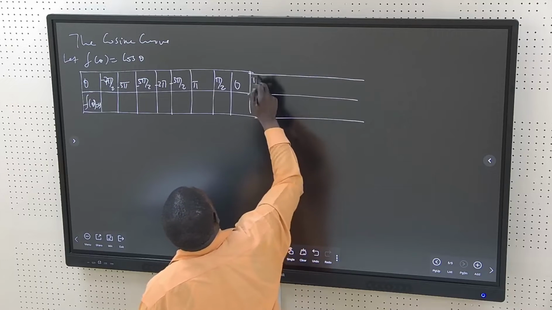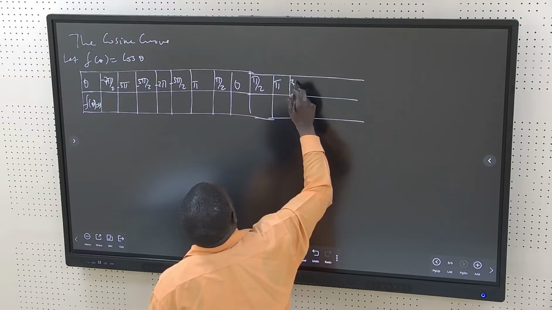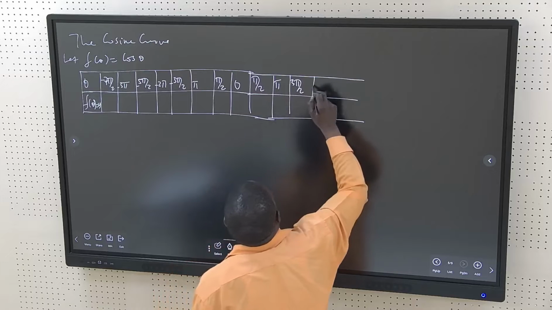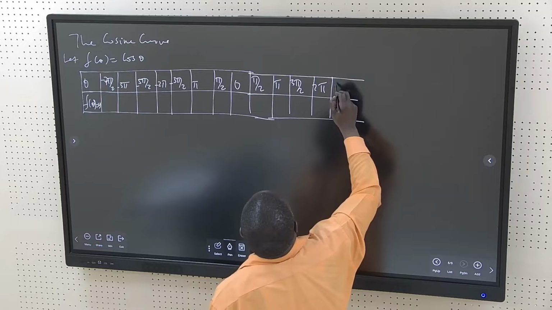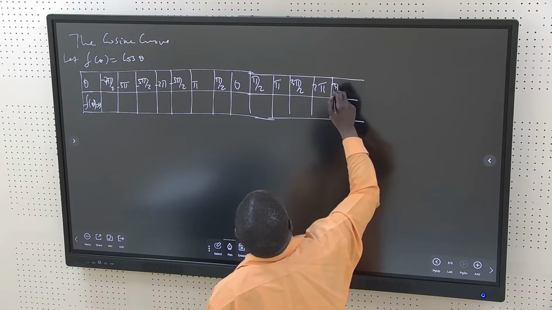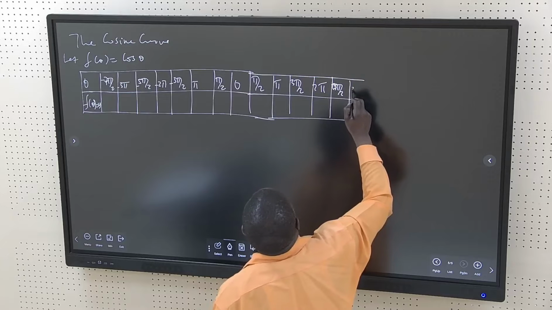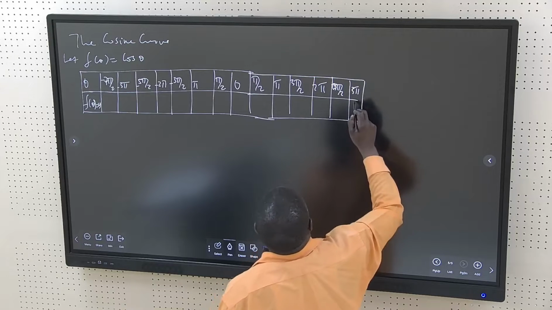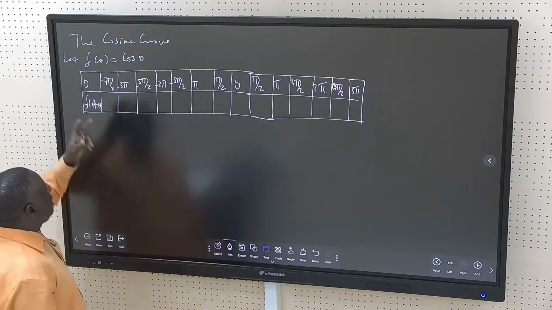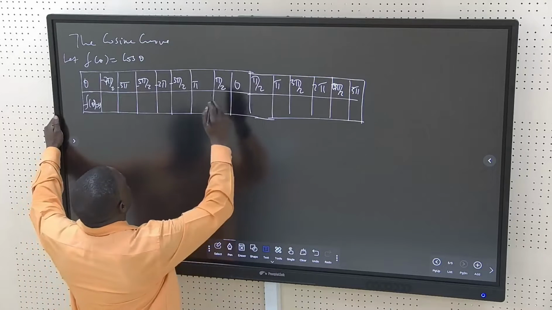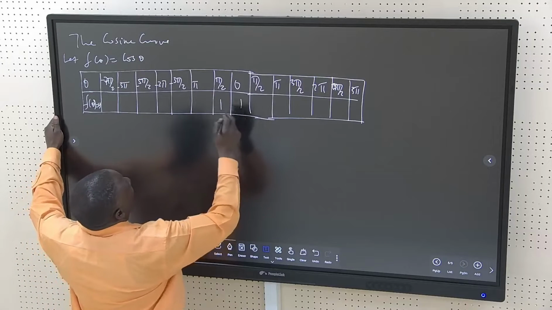Then pi over 2, pi, 3 pi over 2, 2 pi, 5 pi over 2, 3 pi, and so on. So for cosine, when theta is 0, the cosine is 1.